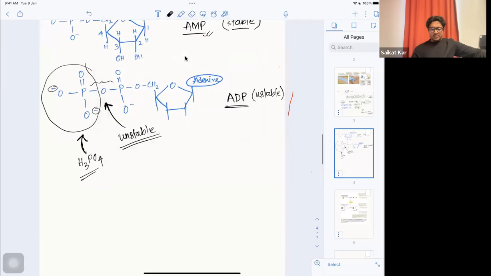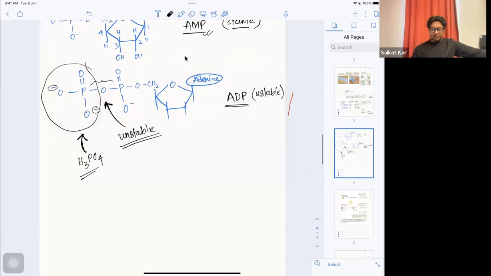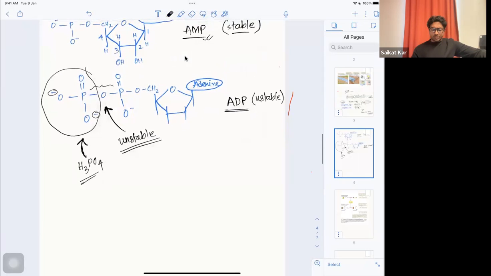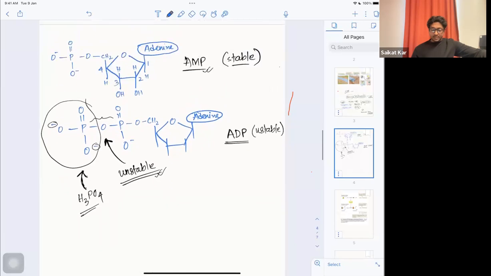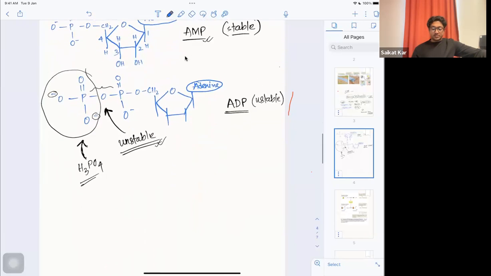But this is more chemistry, so I shouldn't waste more time describing the bonding nature. I'm just trying to answer the question of how ATP is the energy currency.